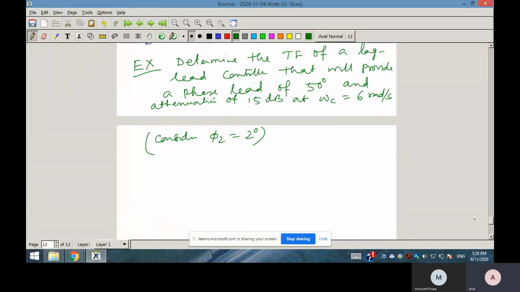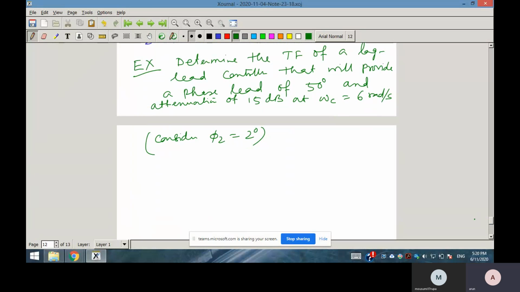But in an actual problem, if a plant transfer function is given and some specification is given, whether a lag part is required, or whether a lead part is required, or whether a lag lead controller is required, all these things will be given in the next class.